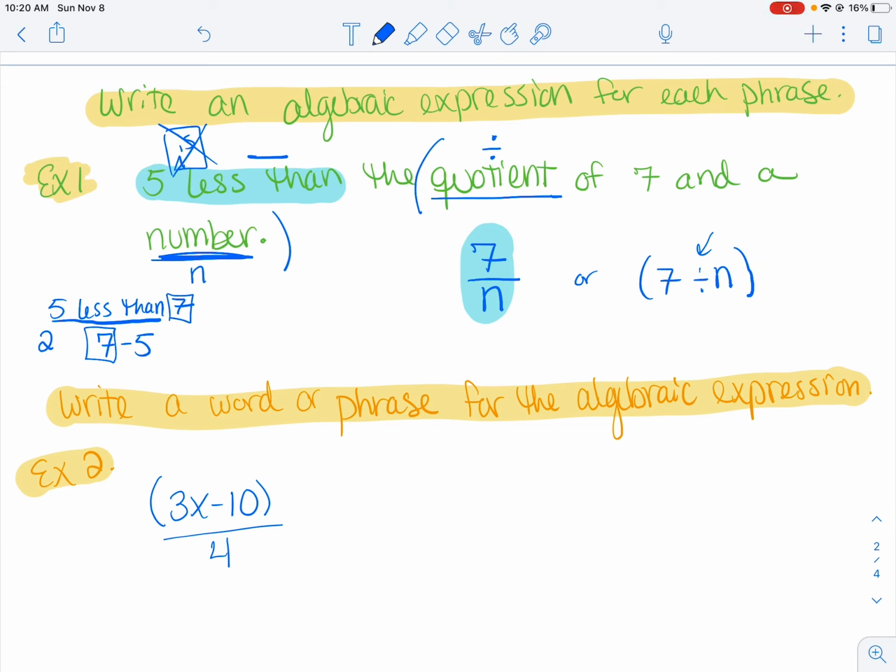And in this particular case, the quantity was 7, but here, the quantity is the quotient of 7 and a number, right? So we're going to take 7 divided by n, and we're going to subtract from that 5. So every time you see less than like that, the subtraction always comes second.